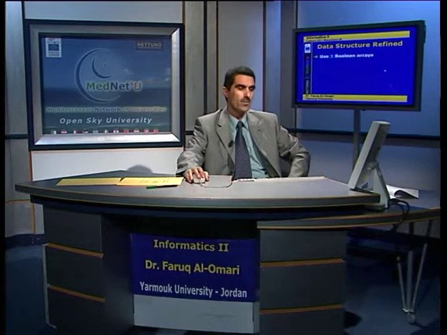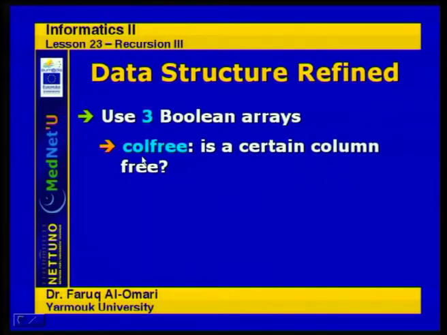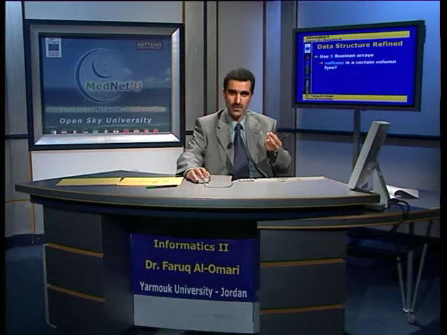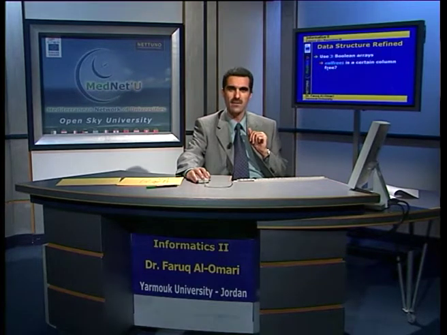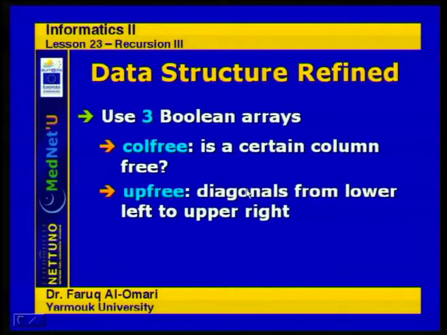Well, for that, we're going to use 3 Boolean arrays. The first is column free, or col free. It's of type Boolean, which says yes or no, and it checks whether a certain column is free. If that column is free, then I'm going to have a true in that column. Otherwise, I'm going to have a false value. Up free talks about the diagonals from the lower left corner of the chessboard up to the upper right, the diagonals that go this way.